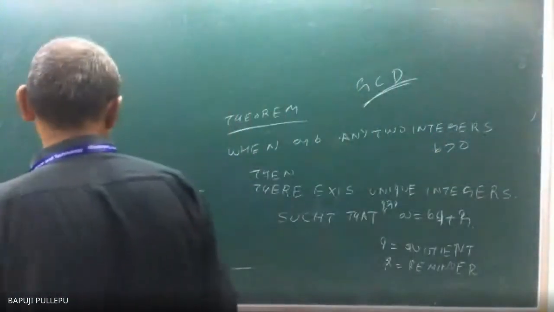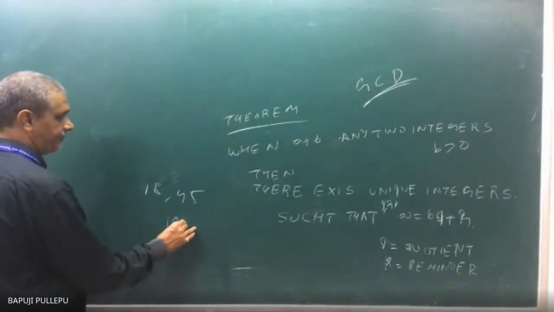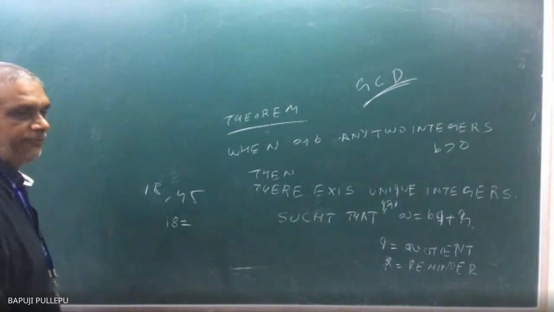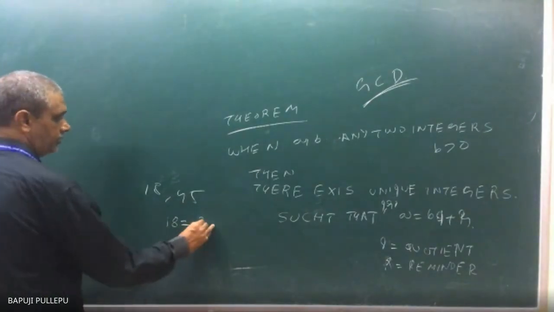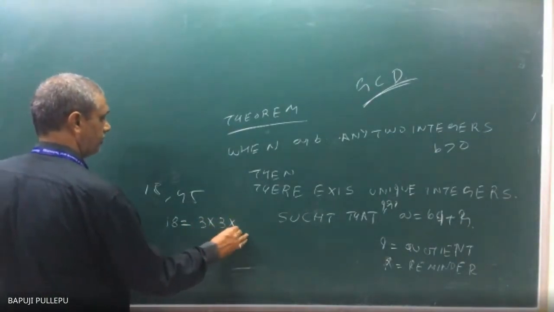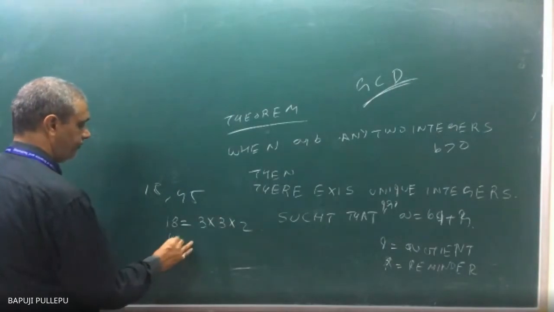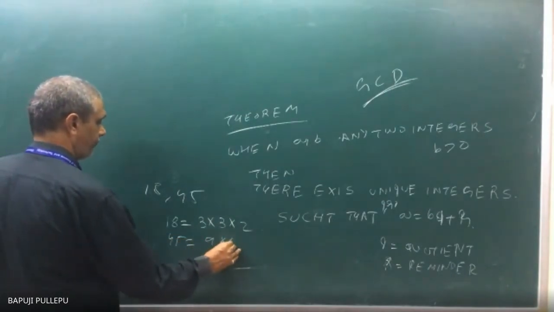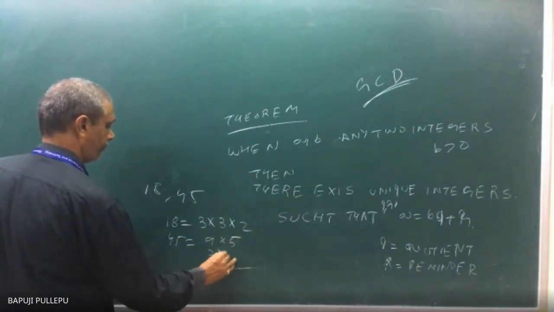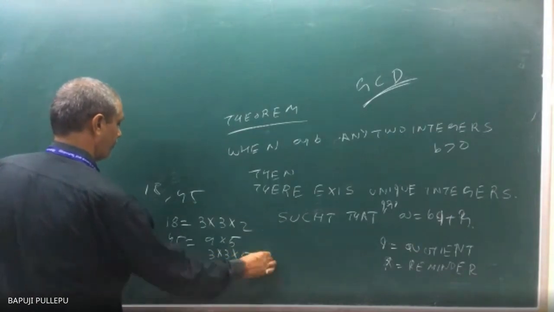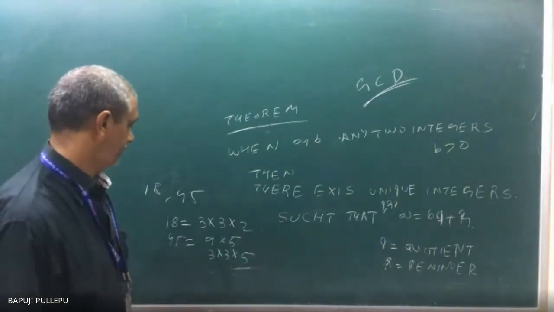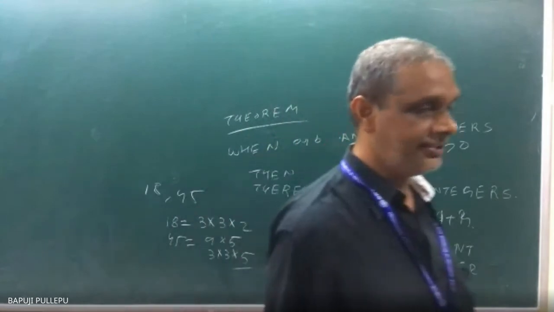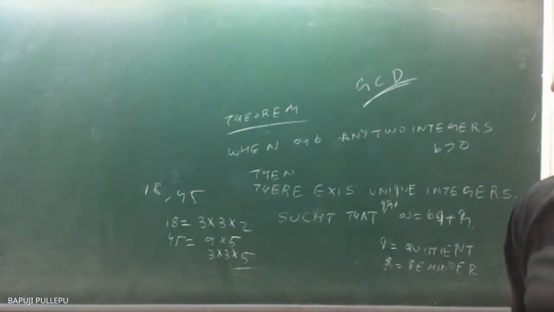How can you write 18 first? Like prime factors you can write. Then 45. Now what is the GCD of 18 and 45?